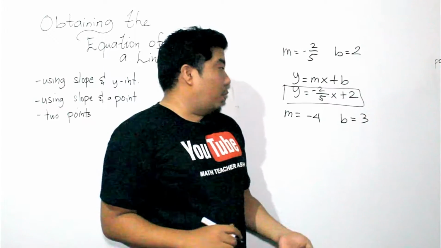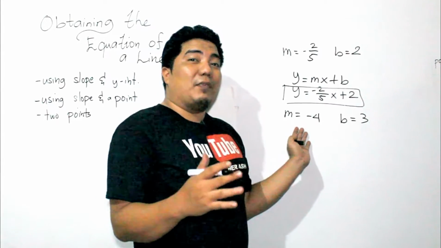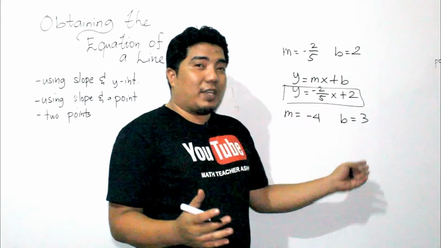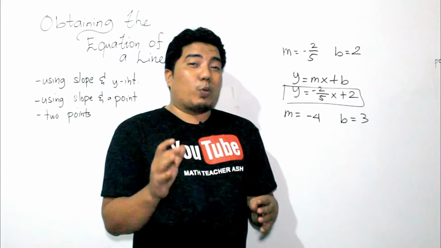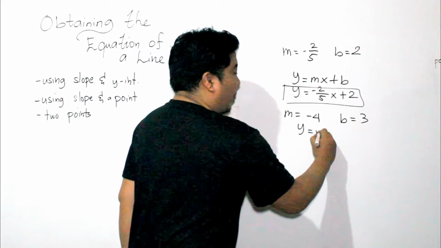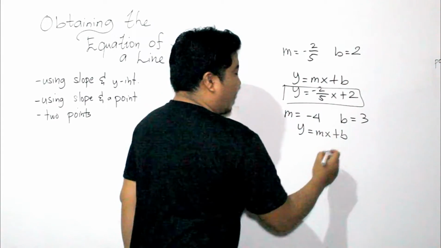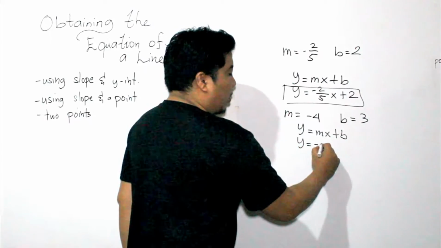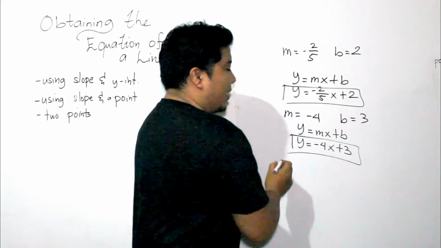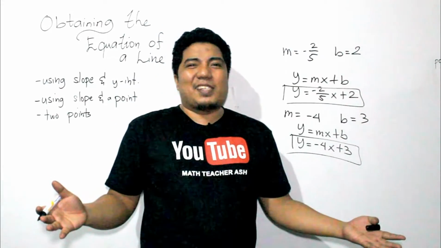For another example, we have our slope as negative 4 and our y-intercept as positive 3. How do we obtain the equation of the line? By the use of our slope-intercept form. So, we have y is equal to negative 4x plus 3. And that is it. Easy, right?